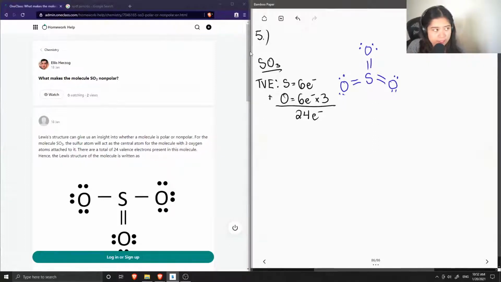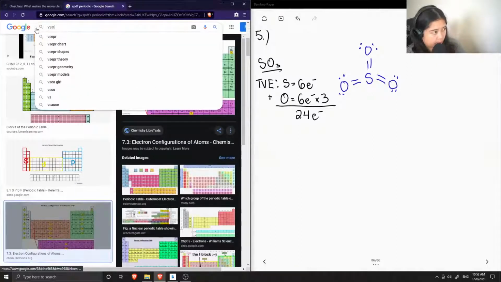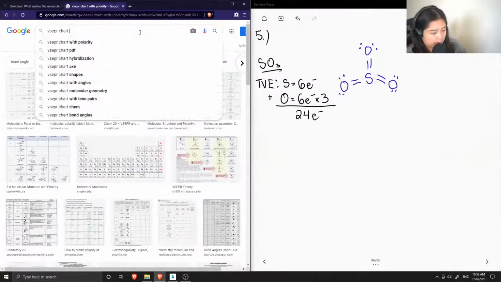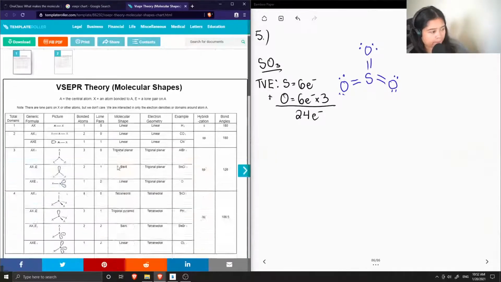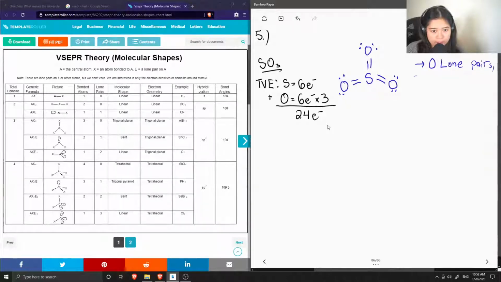Now let's find out its VSEPR shape. Let me look up a VSEPR table. If we analyze our Lewis structure, we can see that this structure contains 0 lone pairs on our sulfur atom and 3 bonded atoms.